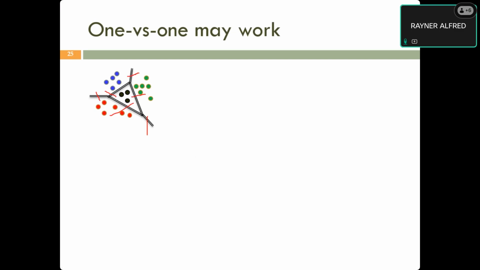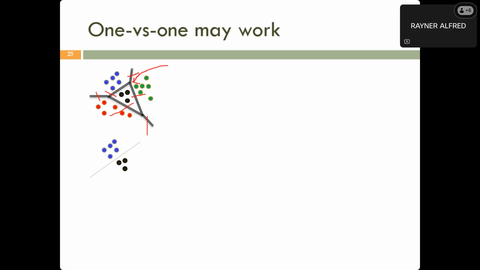So we want to draw that line. How do we draw that line? Since we say this is 1 versus 1, it means one class versus one class. So here we pick the blue and the black. This line will represent this line here.